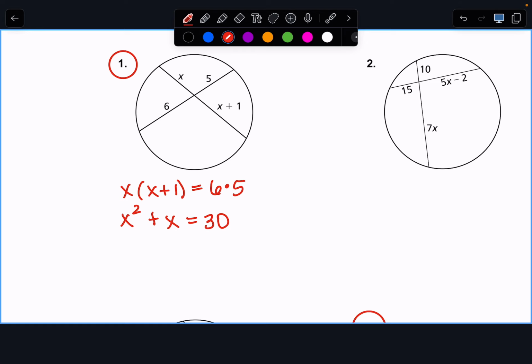Logan, what do we do next? Yeah, you subtract 30, and then you make x squared plus x minus 30 equals 0. Okay. Avery, why did he make an emphasis on setting it equal to 0?